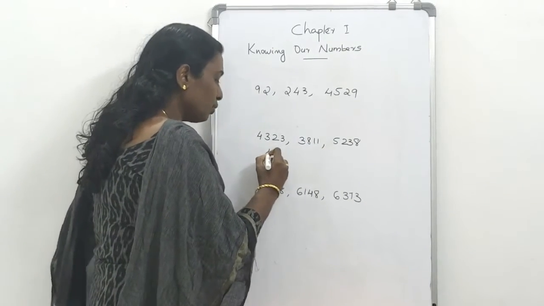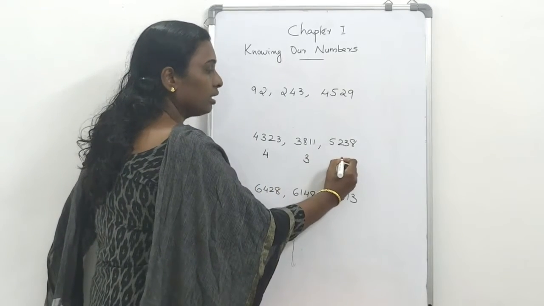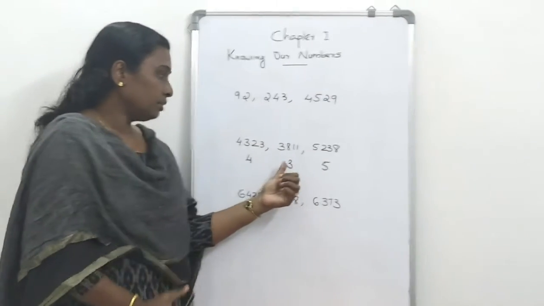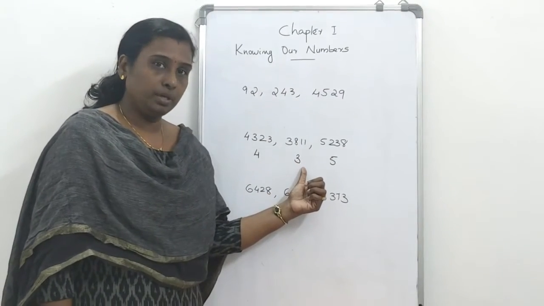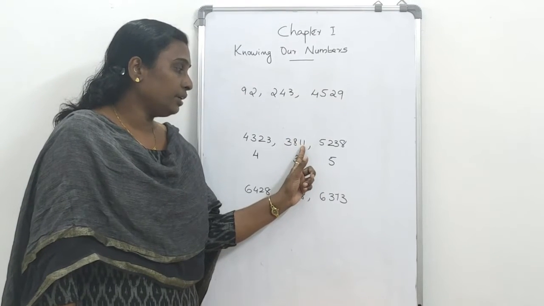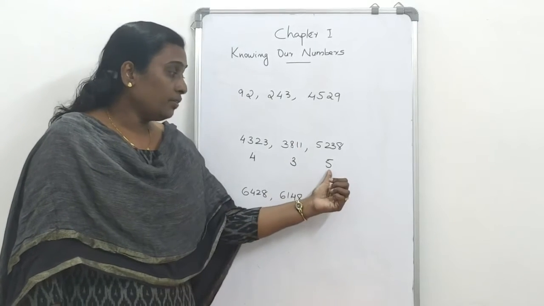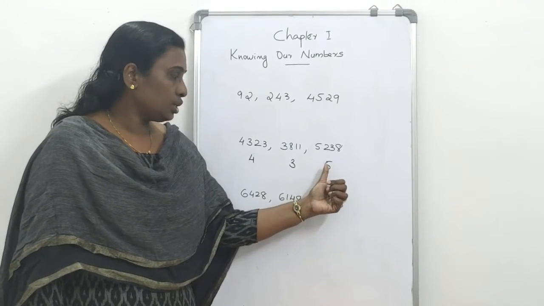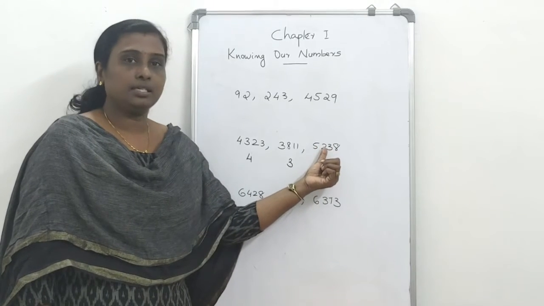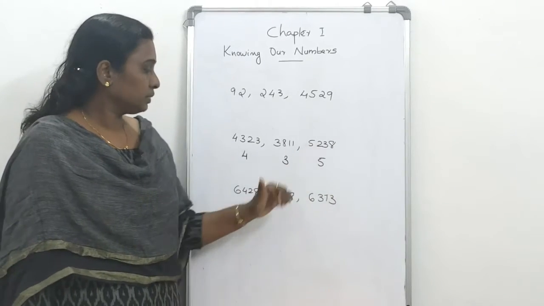In this number, 4 is in the thousands place. Here it is 3. Here it is 5. Here, 3 is the smallest digit. So, 3811 is the smallest number, and 5 is the largest. So 5238 is the largest number among these given numbers.